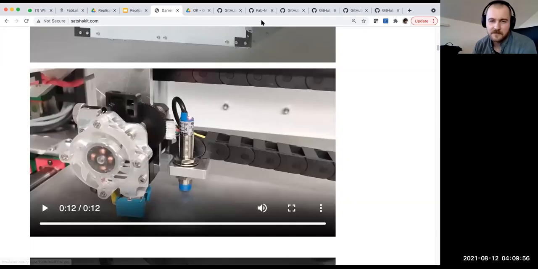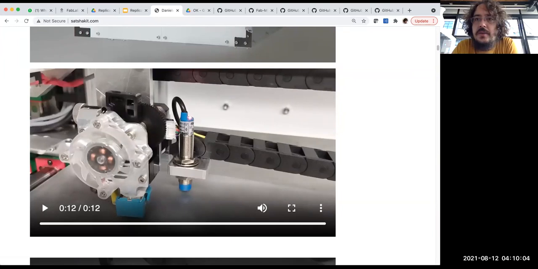Okay, Christian, you have a question, I think. Yes, I saw the sensor that you used for automatic bed leveling. As far as I remember, there were two types, a capacitive and an inductive sensor, and one is actually more friendly with the steel sheet. Which one did you use? I use the inductive sensor here. That is not so friendly, but it gives, I have to tell you guys, the best results.